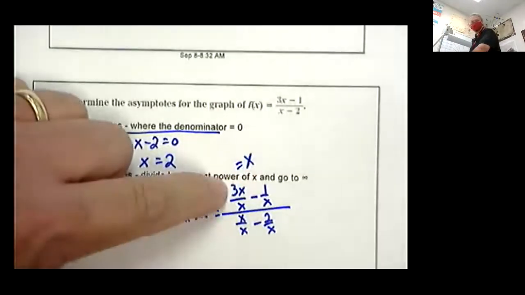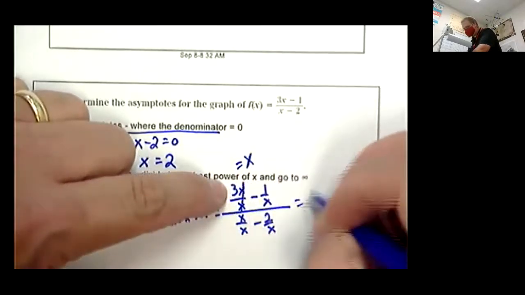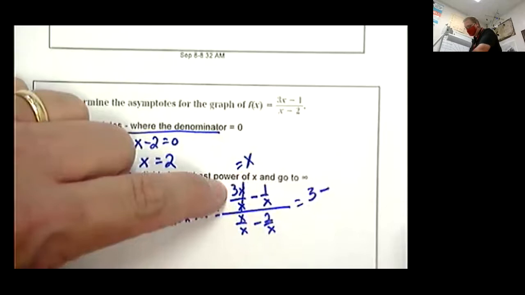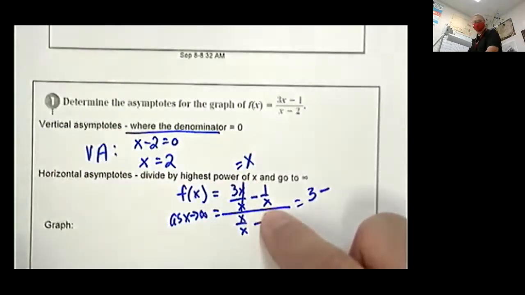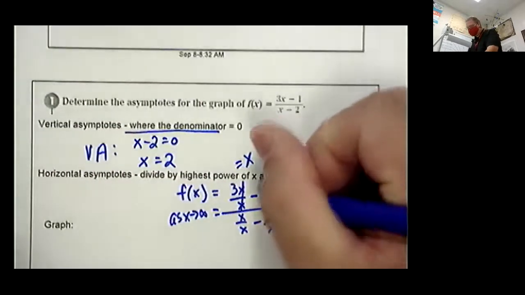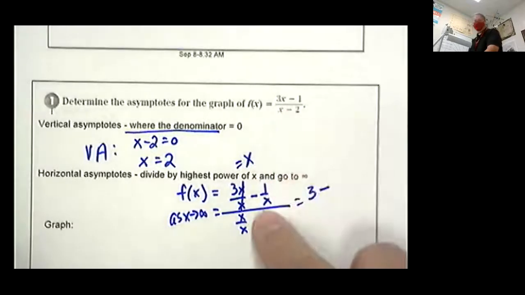Well, in this case, it doesn't matter what x is, x and x will cancel. That divides out. So that leaves us with 3 minus. What happens here as x goes to infinity? This term, 1 over x, does what? Well, think about x getting really big. 1,000, a million, 1 over 1,000, 1 over a million, 1 over a billion.